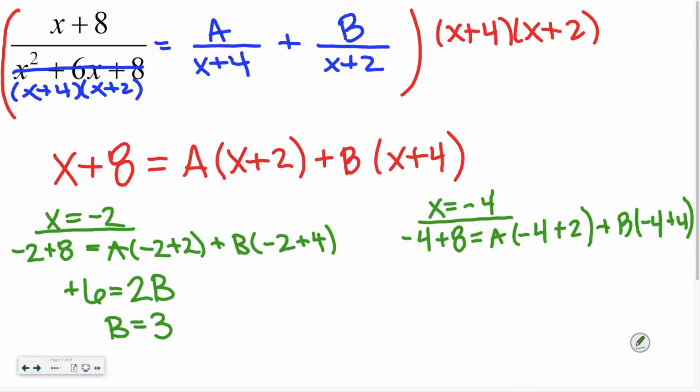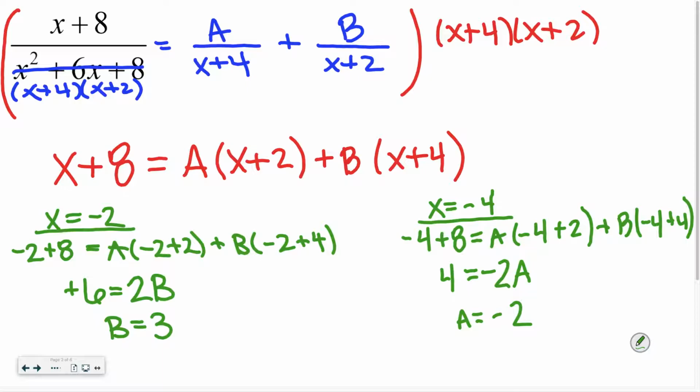So we get 4 equals -2a, and this goes away. That was the whole point. All right, so what's a? And those are the two numbers we needed to solve for.